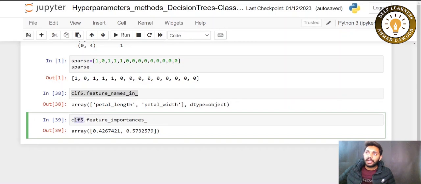And as I told you, this feature importance attribute is not very reliable on a large scale, because it calculates the feature importance on the basis of the total reduction in impurity by that particular feature, and then normalizes that to bring it into the range of probabilities.